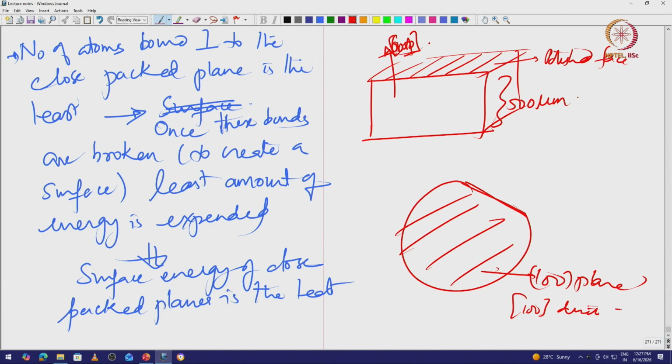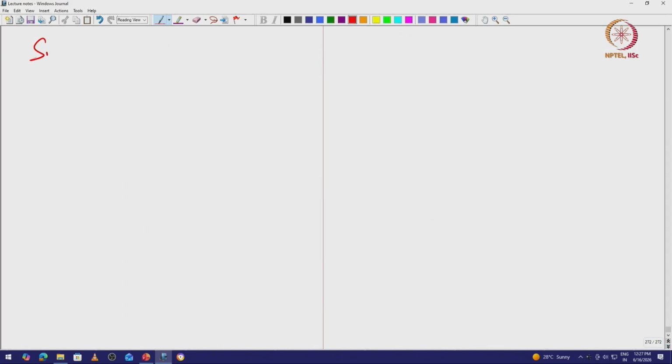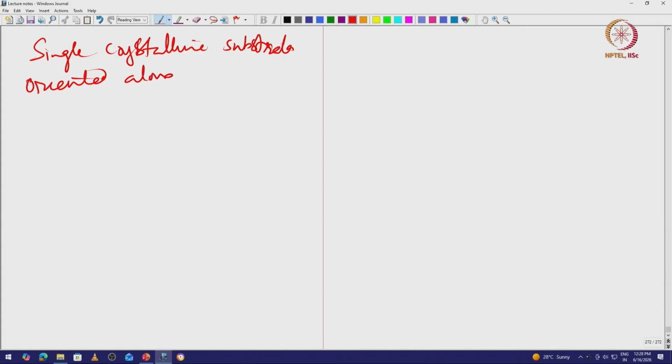Now, it is not just silicon, I can have many other single crystalline substrates oriented along various crystallographic directions.